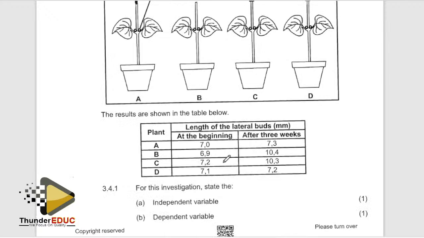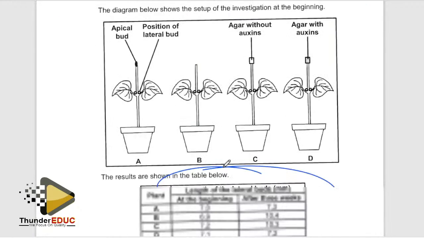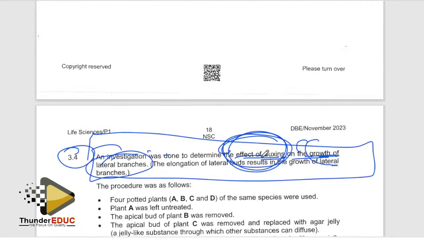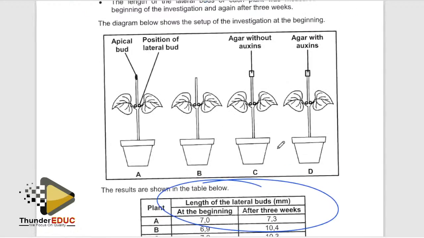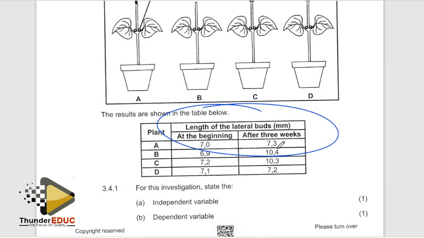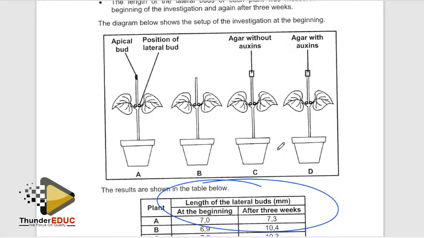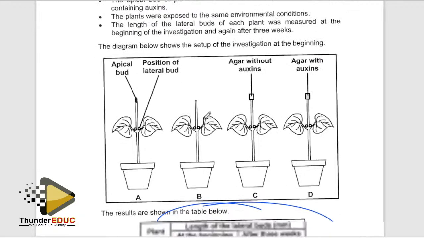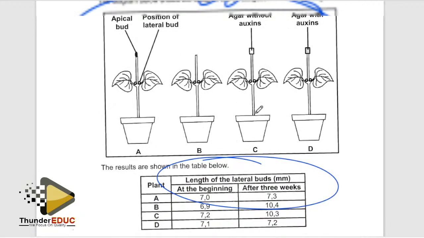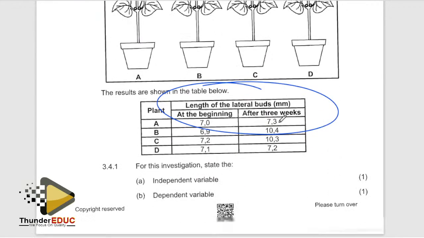So the lateral branches become the dependent variable, while the effect of auxin is the independent variable. Yes. Some people wrote the type of the plant, hopefully, but I'm not so sure about it, so it depends on the discussion they will do.